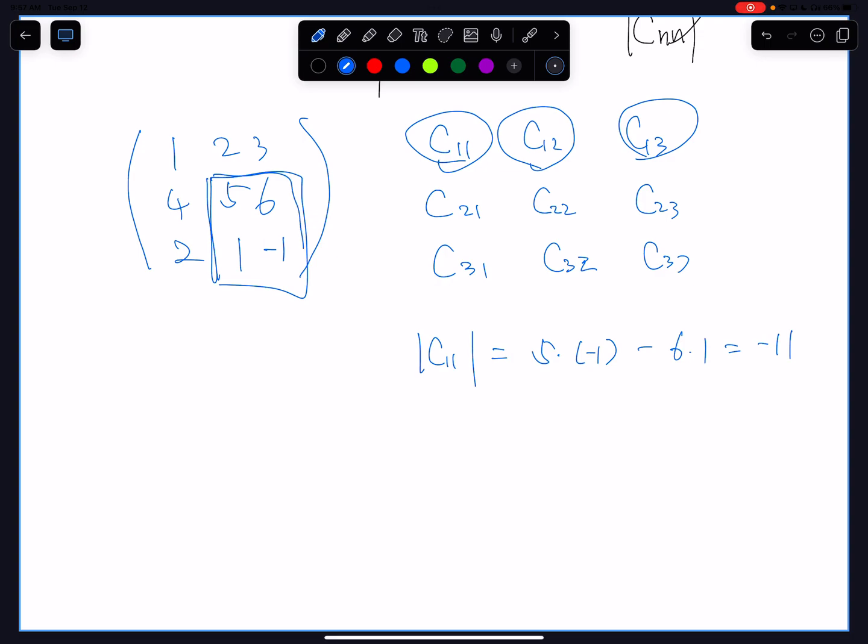And C12 is going to be the matrix of 4, 2, 6, minus 1. You deleted the first row and the second column, and the remaining is the matrix cofactor.